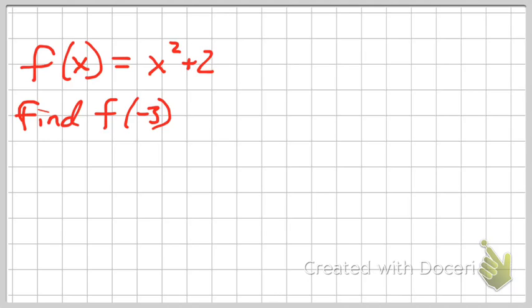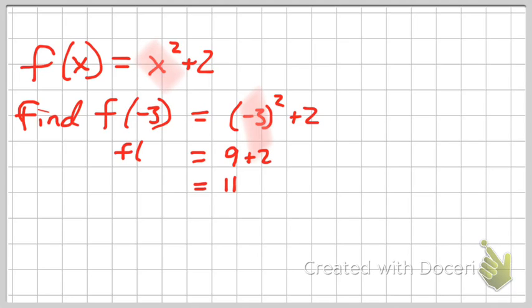So instead of writing x squared plus 2, we write negative 3 squared plus 2. And nobody should need a calculator for that. Negative 3 squared is negative 3 times negative 3, which is 9, plus 2. And so f of negative 3 is 11. That's the answer.